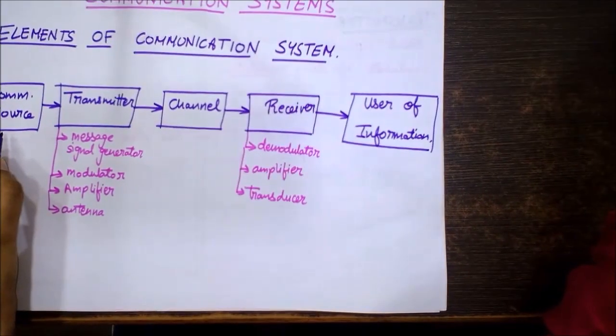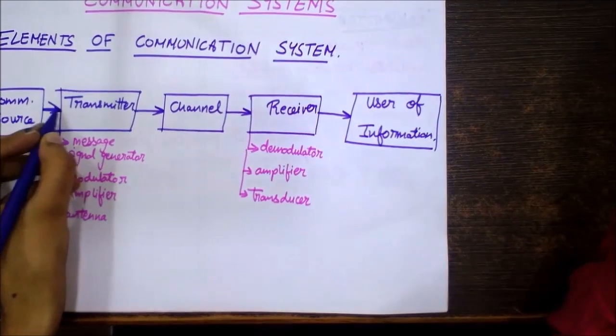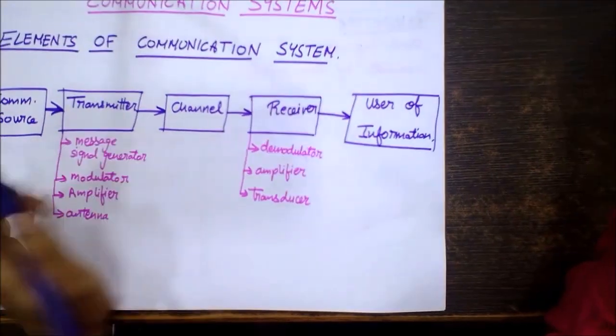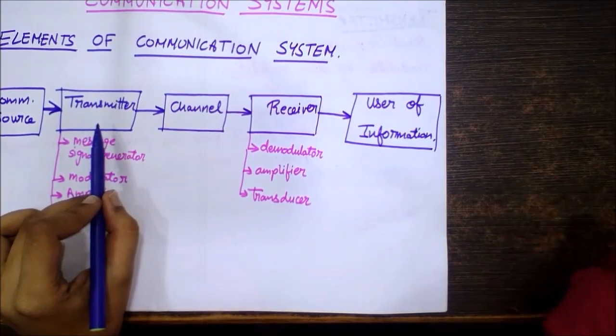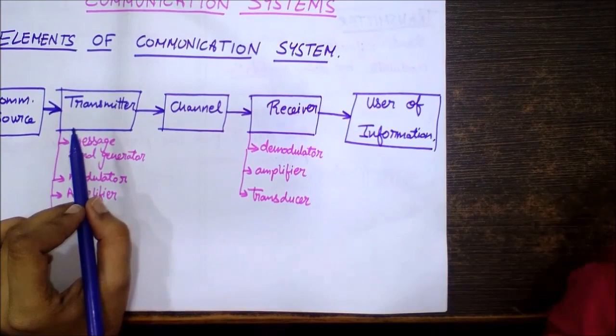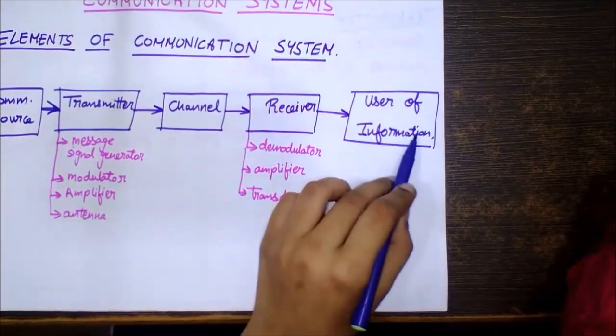This communication source is attached to a transmitter. This transmitter does the work of transmitting the signals, the voice data, the information to the user.